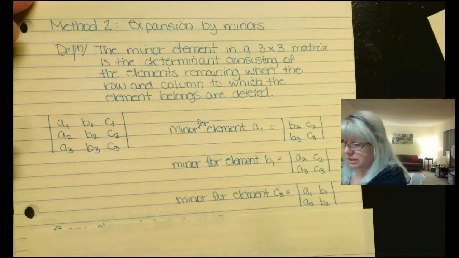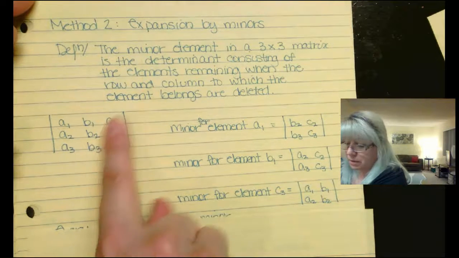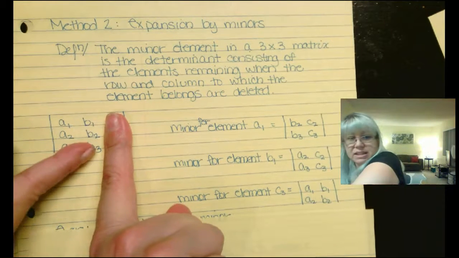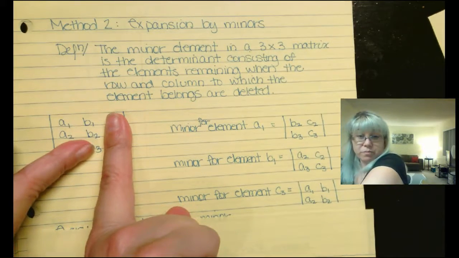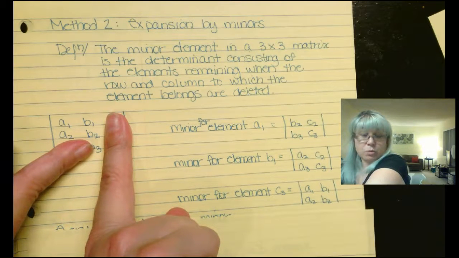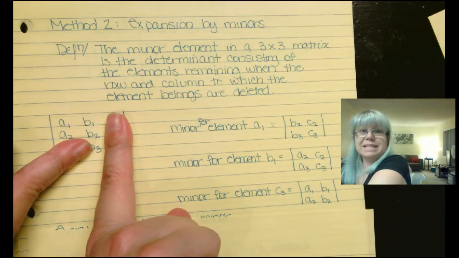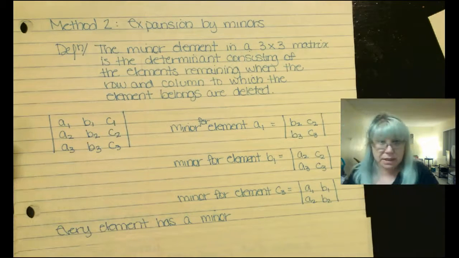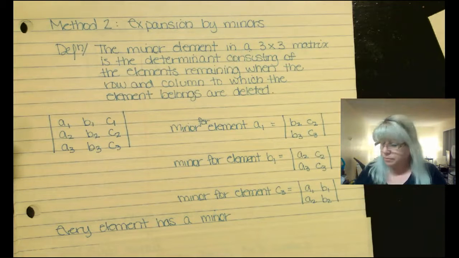So the minor for C3, I cover that up: any column consisting of C3, any row consisting of C3. So the determinant of A1, A2, B1, B2 is the minor for C3. Every single element has a minor, right?